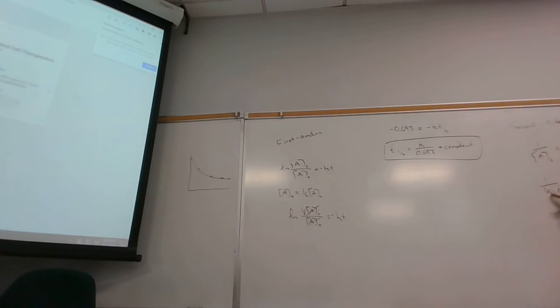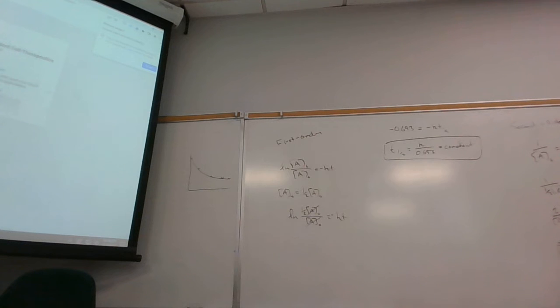Anyway, let's invert and multiply. So invert, I'm going to get 2 over [A]0 is equal to kt plus 1 over [A]0. I'm going to subtract this. So 2 minus 1 is going to give me 1 over [A]0. And then divide by k, times k here, and that's going to equal t1/2.